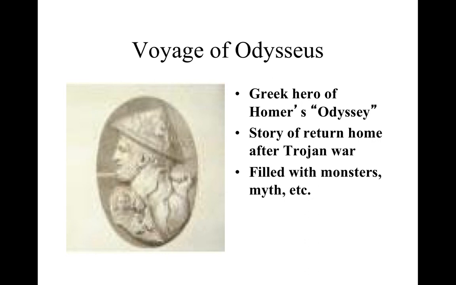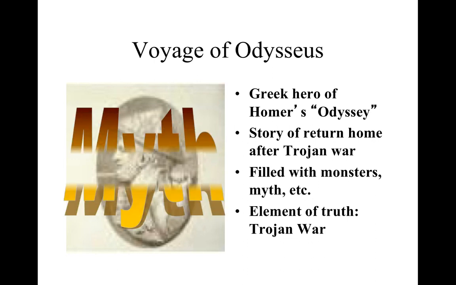And so when we look at the voyage of Odysseus, the major element of truth that we know of is the Trojan War. We know the Trojan War actually happened, but when it comes down to it, Odysseus is probably a myth in the voyage of the Odyssey. There is no evidence that even the kingdom of Ithaca ever existed, or that a general or king known as Odysseus existed either. All right, it's a great story, but we don't know that it was ever true, obviously. And then there's obviously the monsters and things that add to the myth.